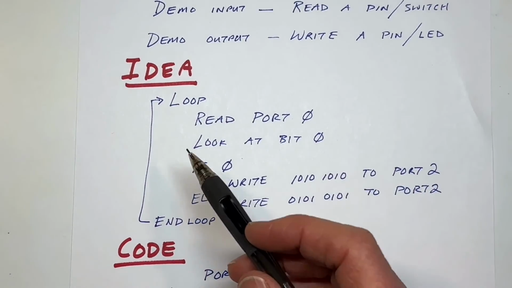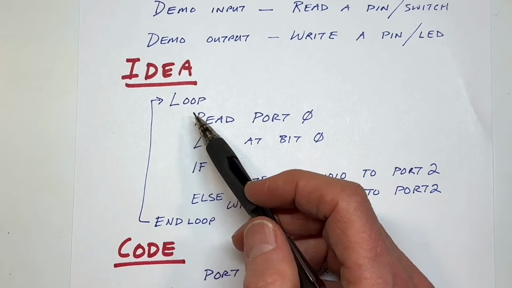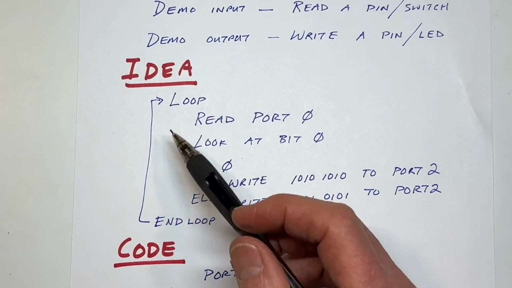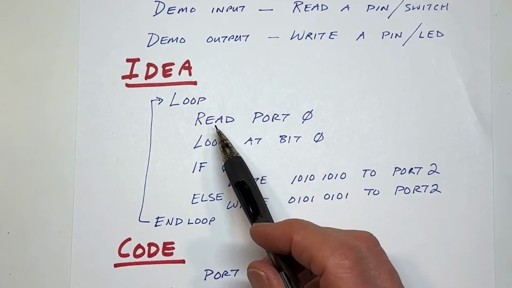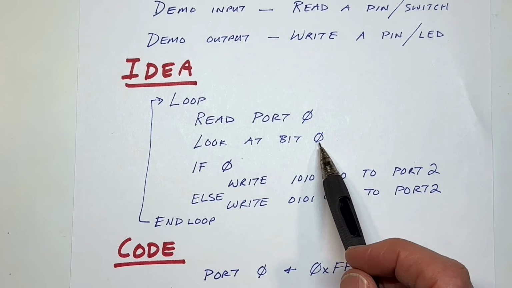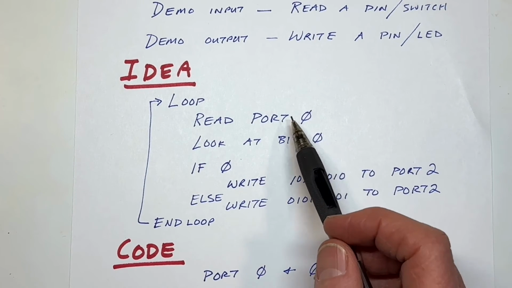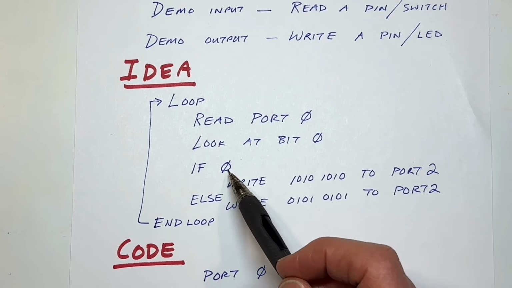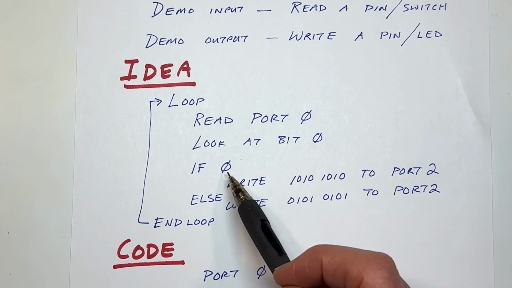So here is the program in outline, and it consists of an infinite loop which will read all of the bits of port 0, and then it will look at bit 0 within that byte and test to see whether it's 0 or not.